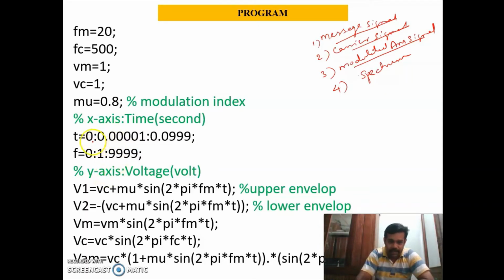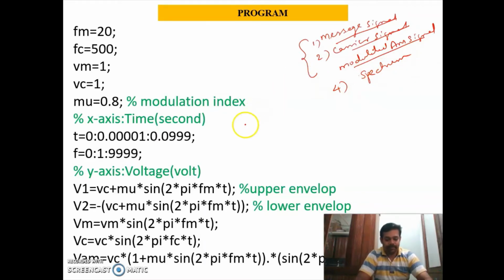Time is taken from 0 to 0.0999 with an increment of 0.00001. This is your time axis for the first three plots, and this is your frequency axis for the spectrum.